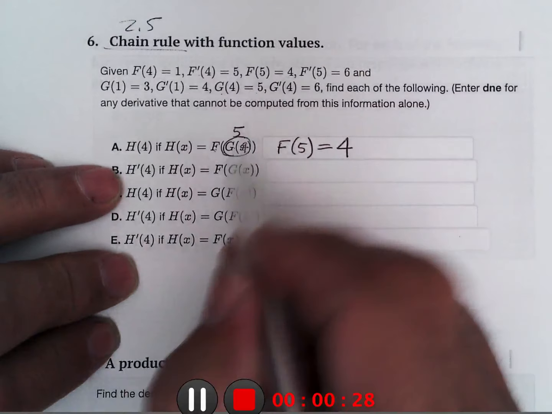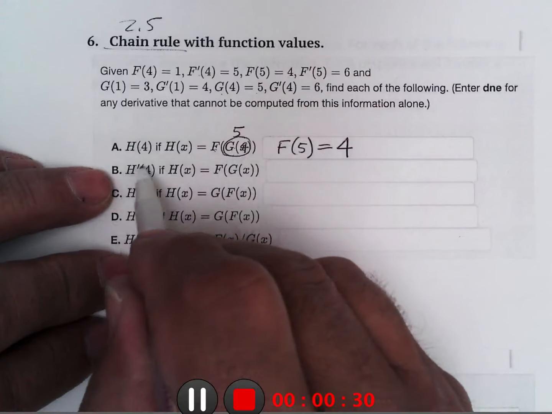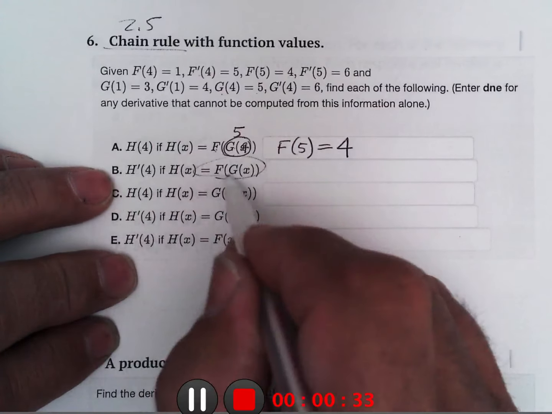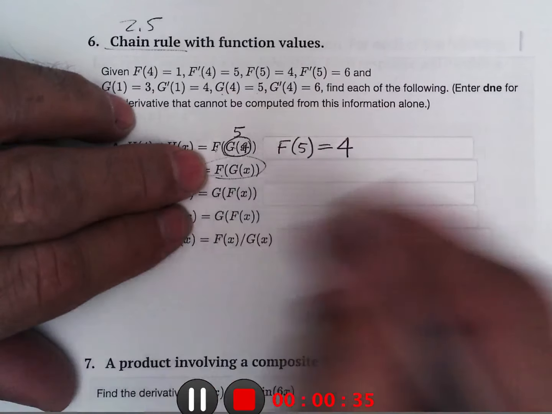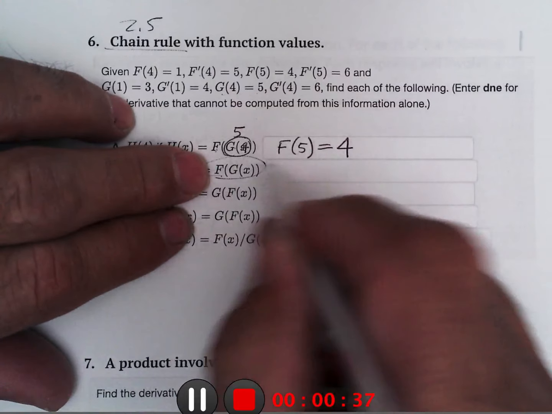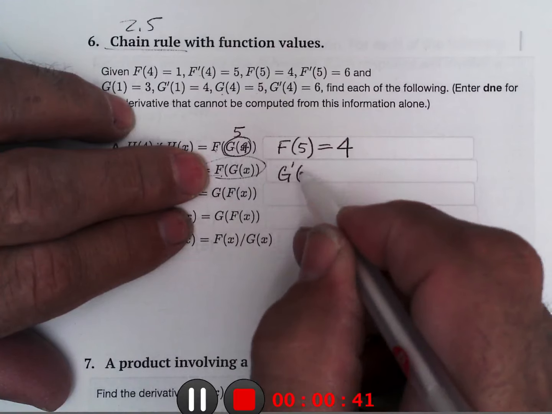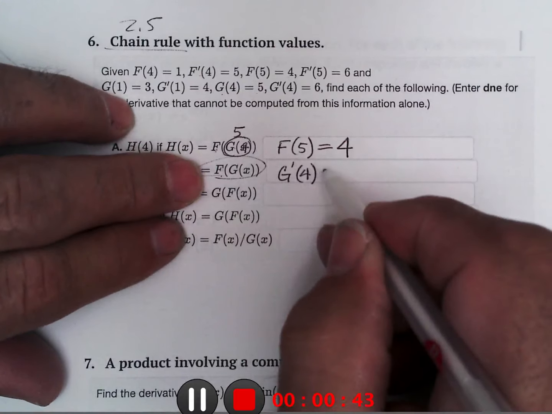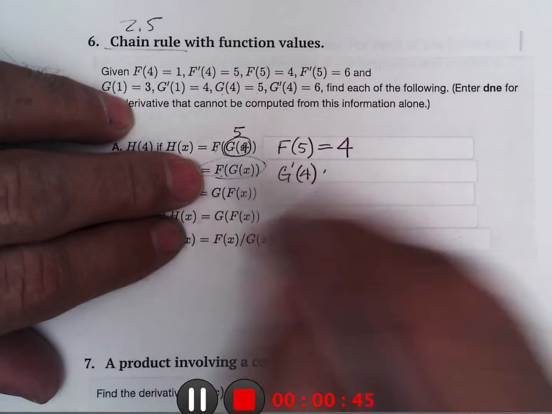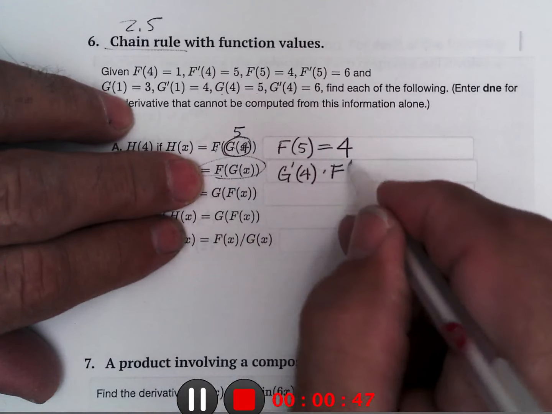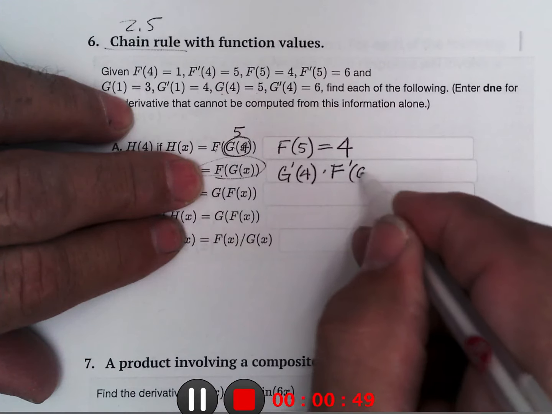Now we're supposed to find h prime of 4, so we have to do the derivative of a composite function. So it's the derivative of the inside, g prime of the inside at 4, times the derivative of the bigger picture, derivative of f of g of 4.